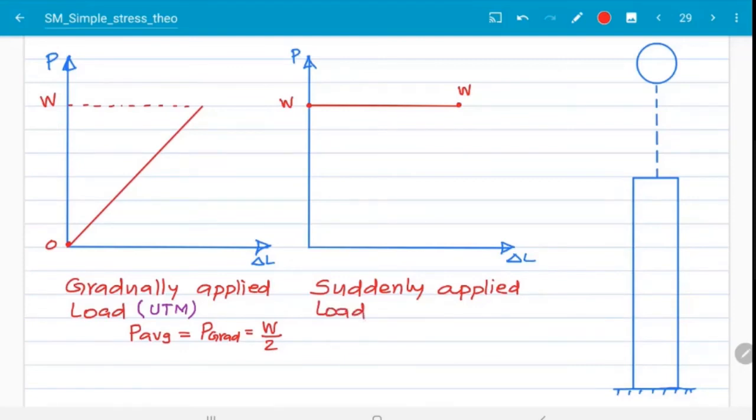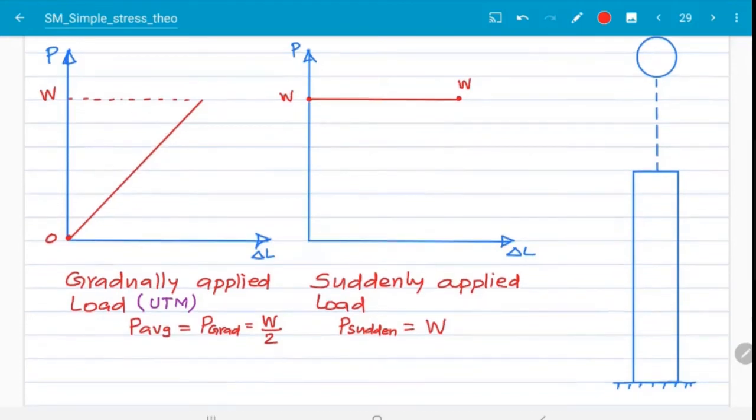So this method is called suddenly applied load. P sudden is equal to W.